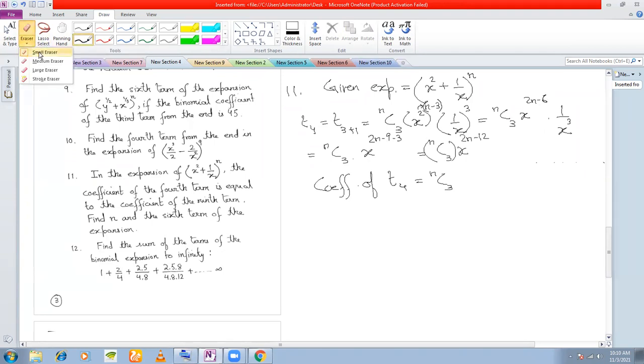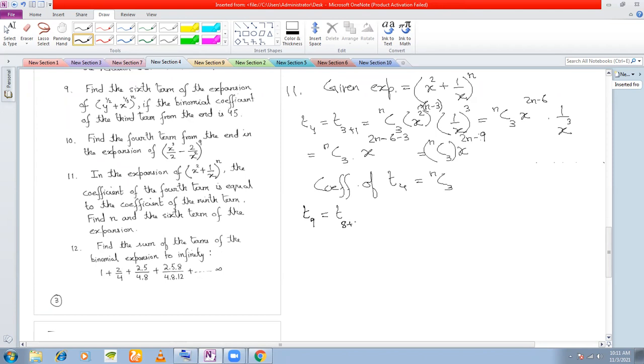And this becomes 6 minus 3, 2n minus 6 minus 3, so this becomes 2n minus 9. That's it. Anyway, we are only concerned with the coefficients here. It is given that the coefficient of the fourth term is equal to the coefficient of the ninth term. Let's first find the ninth term, T9.